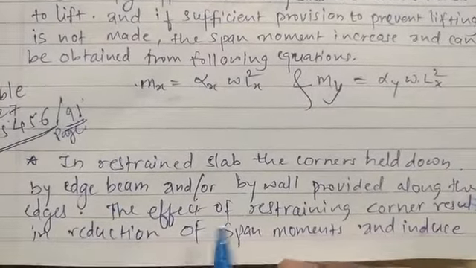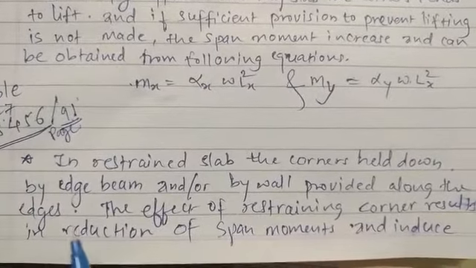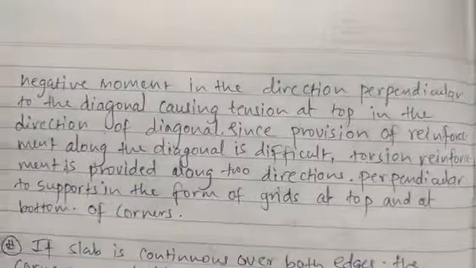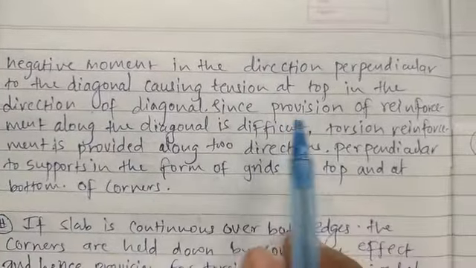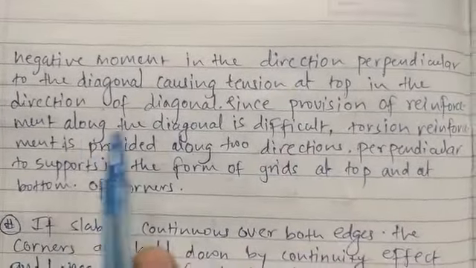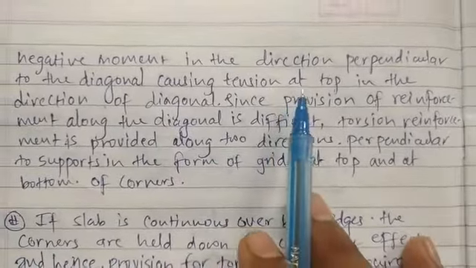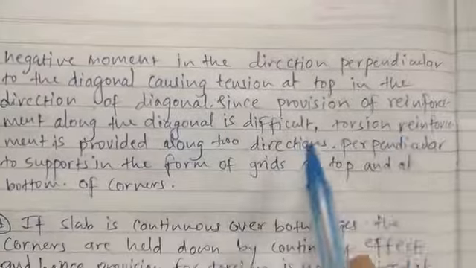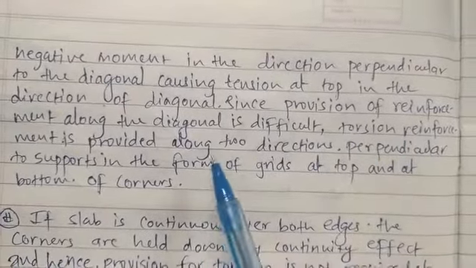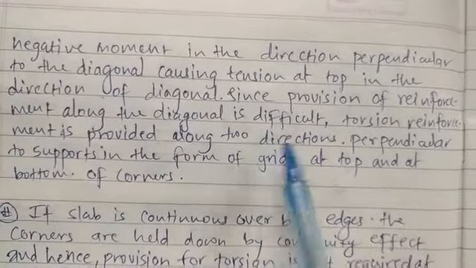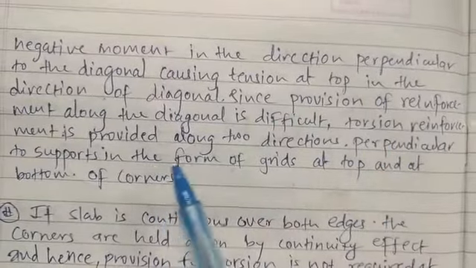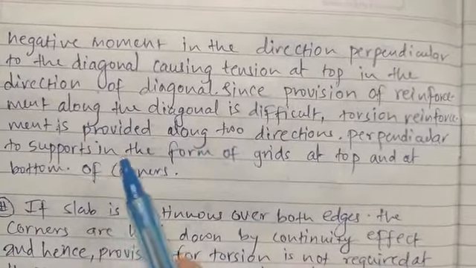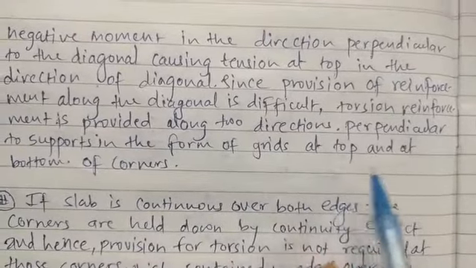The effect of restraining the corner results in a reduction of span moment and induces negative moment in the direction perpendicular to the diagonal, causing tension at the top in the direction of the diagonal. Since the provision of reinforcement along that direction is difficult, torsion reinforcement is provided along two directions perpendicular to the support in the form of a grid at top and bottom.